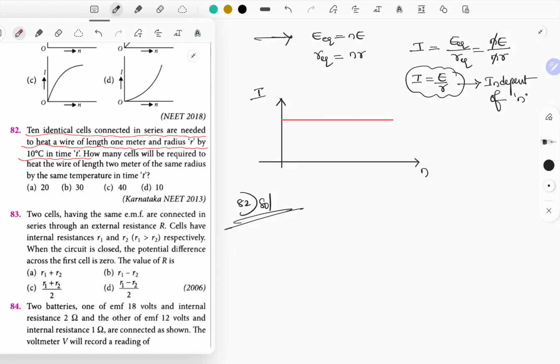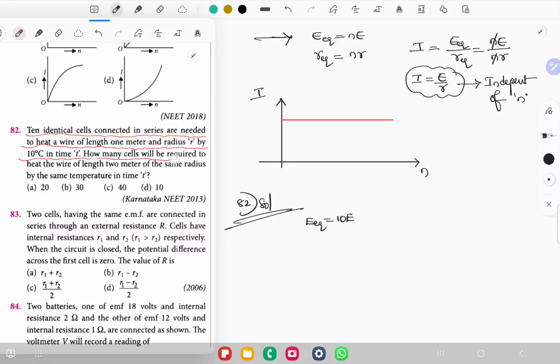Here, how many cells are connected in series? 10 cells. Then what is the equivalent voltage? E equivalent is going to be 10E. Similarly, equivalent resistance is going to be nR. How many cells will be required to heat a wire of length 2 meter and of the same radius by the same temperature?